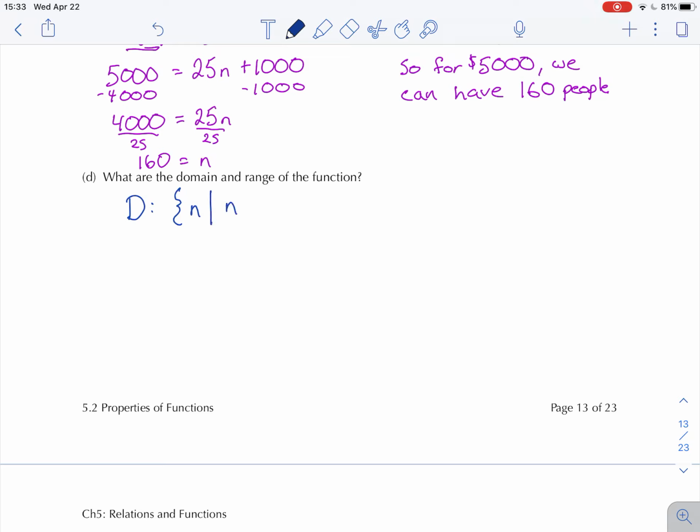So our domain, it's the number of people such that, well, we could have 0 people. We could have 1 person. What happens if 0 people show up? Well, you have $1,000 to spend on nobody. N could be any whole number. That will be our domain.